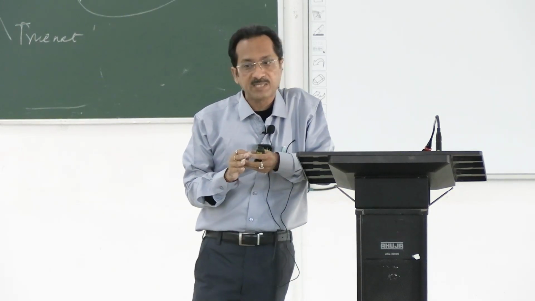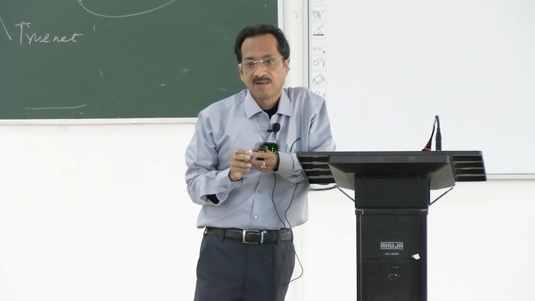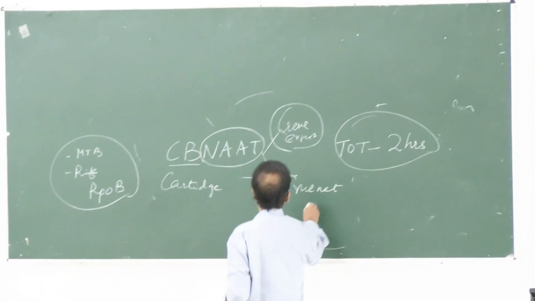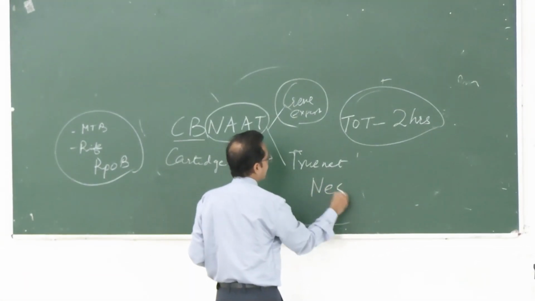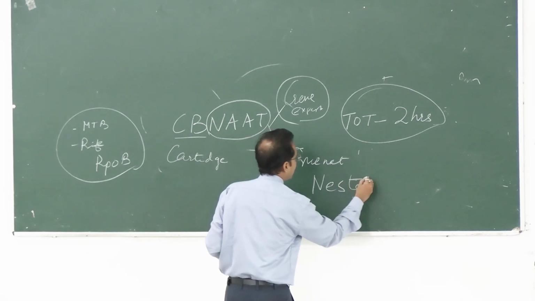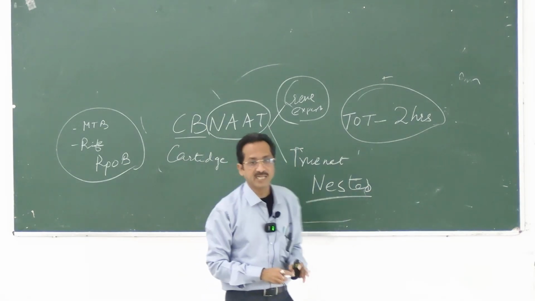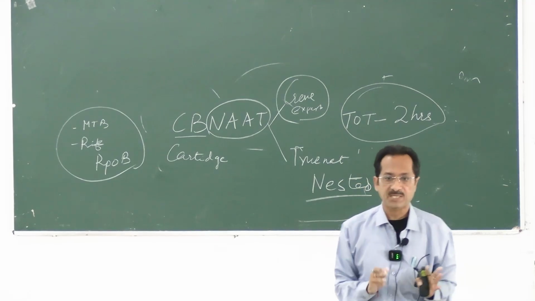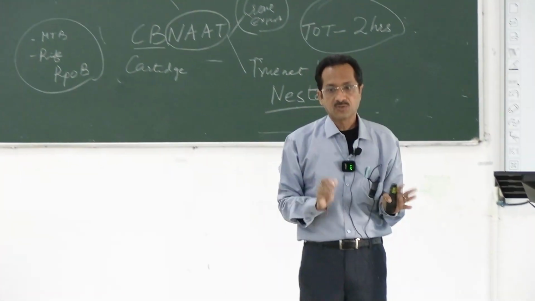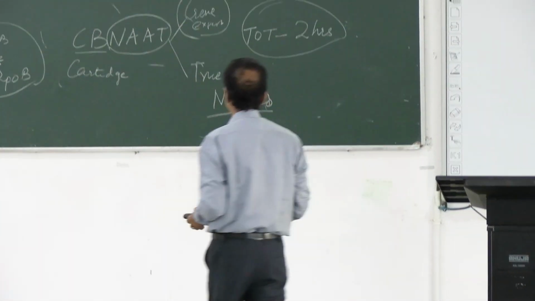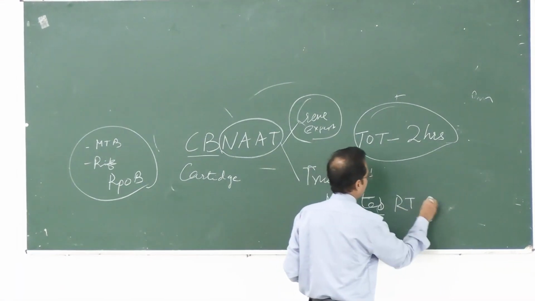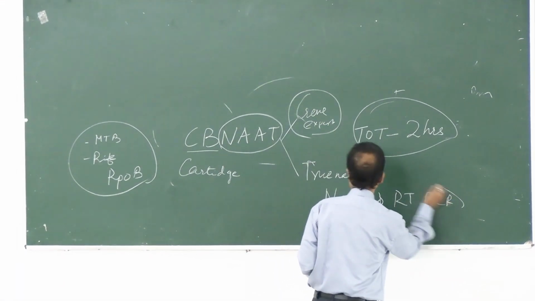What is the type of PCR in CBNAAT? It is nested real-time PCR. Why nested? First it detects the tuberculosis and then detects the rpoB gene within the tuberculosis. So what is the principle of CBNAAT?